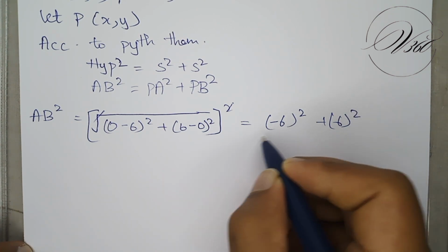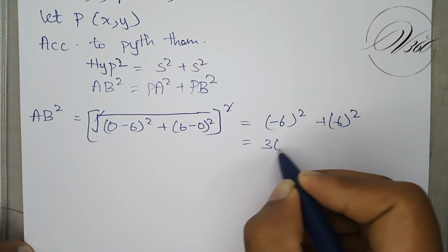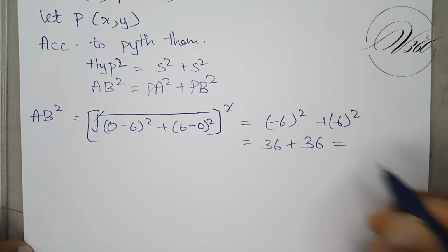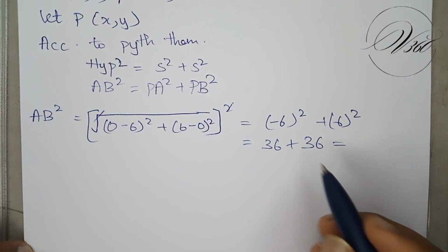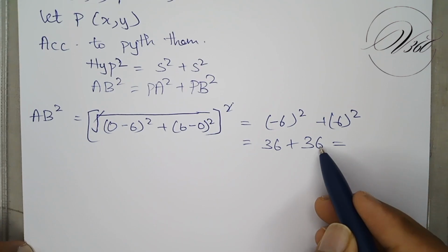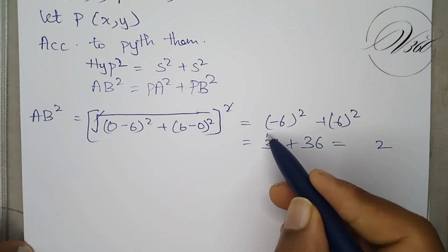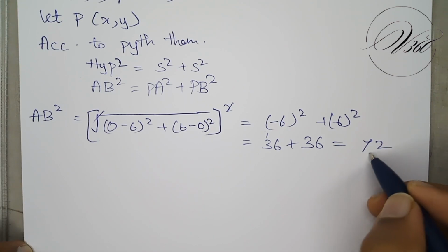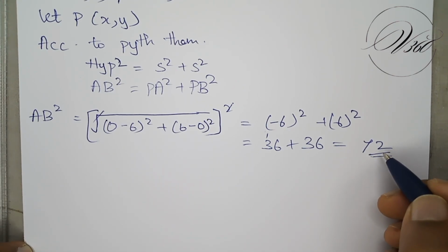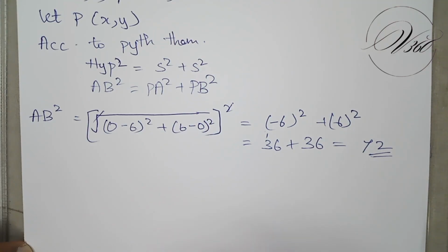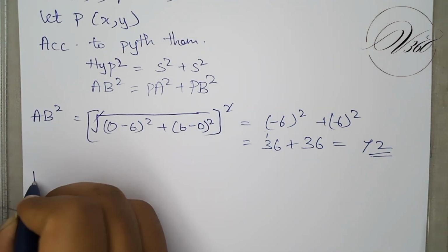Minus 6 into minus 6 is plus 36, and 6 sixes are 36 again. If we add 36 and 36, we get 72. Now here the hypotenuse square is 72.